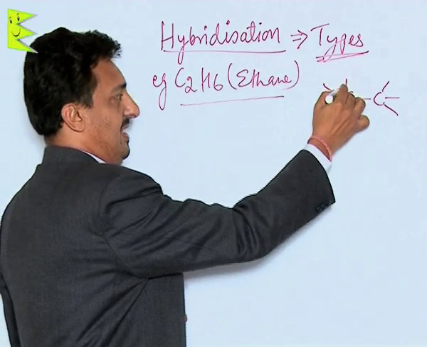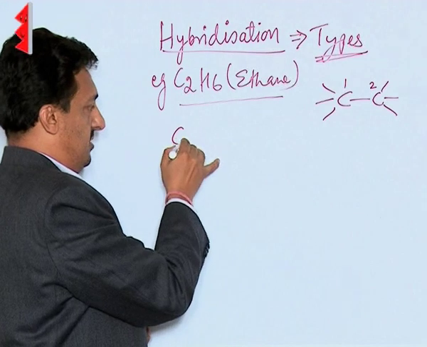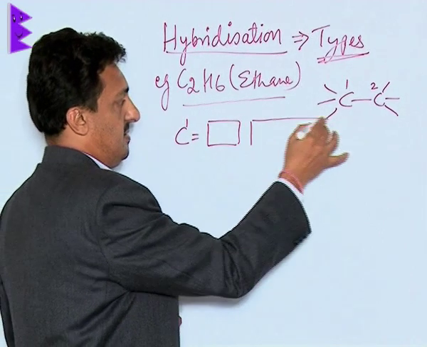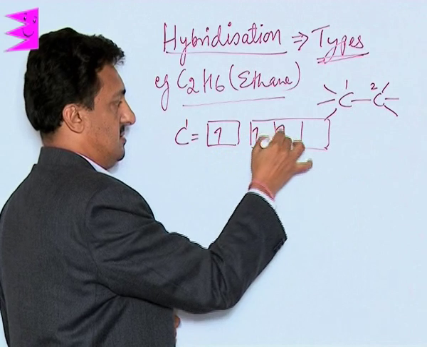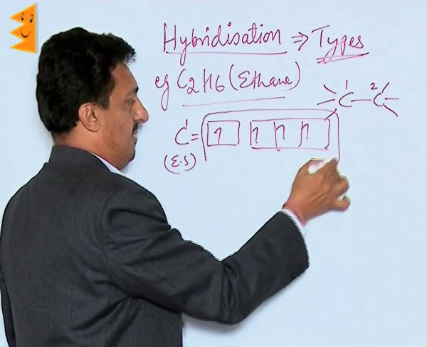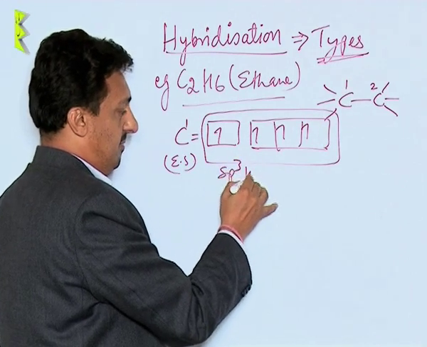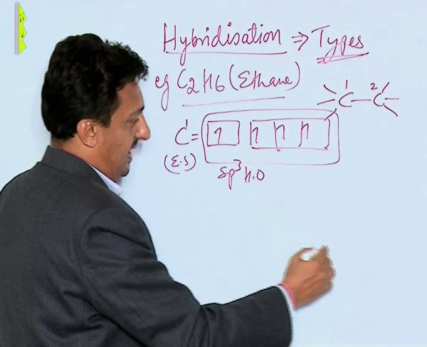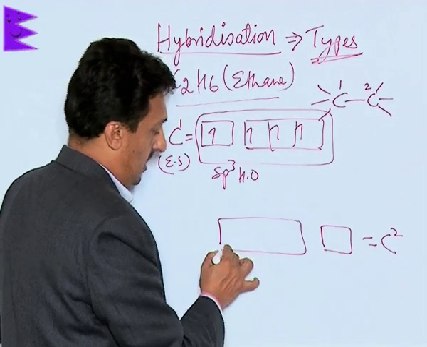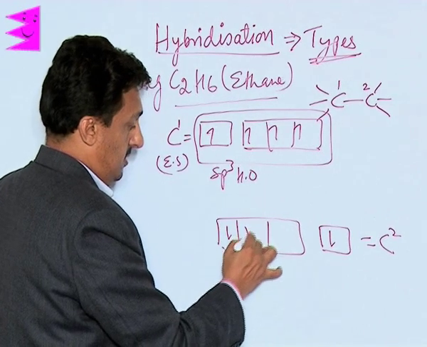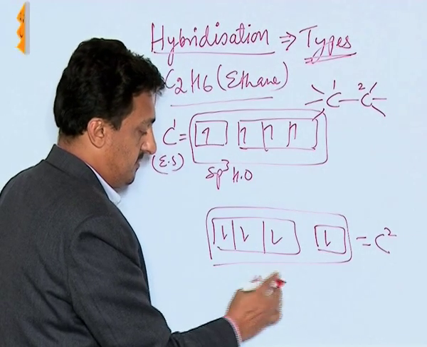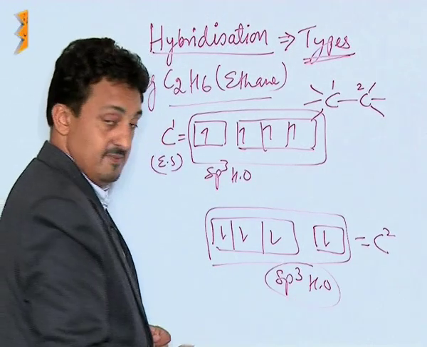Now let's name these 2 carbons as 1 and 2. In the first carbon, this is the situation it has in the excited state, and all these 4 combine to form sp3 hybridized orbitals, and the same is the case with carbon 2, which will be having 4 unpaired electrons in the sp3 hybrid orbitals.